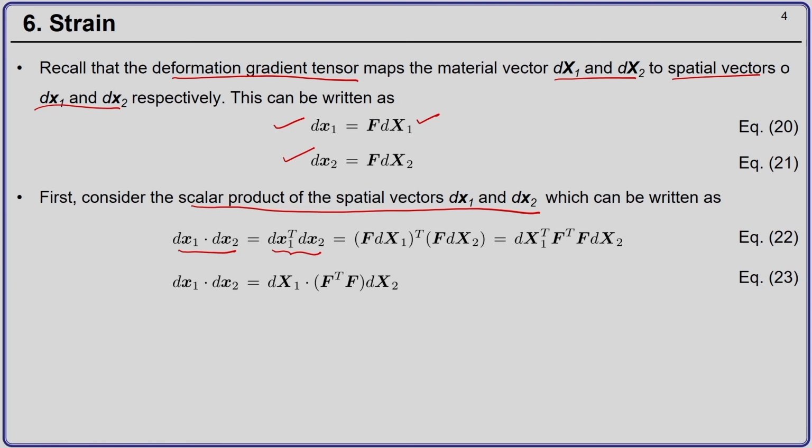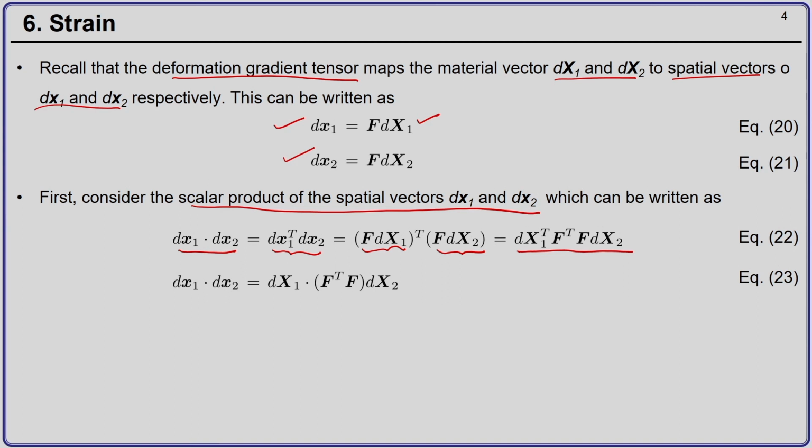Now, using equations 20 and 21, I can substitute for dx1 which is F dx1, and for dx2 which is F dx2. So now I have (F dx1) transpose (F dx2). I can open up the brackets and write dx1 transpose F transpose F dx2.